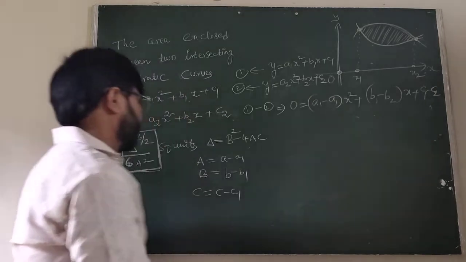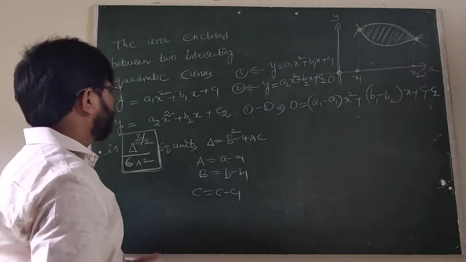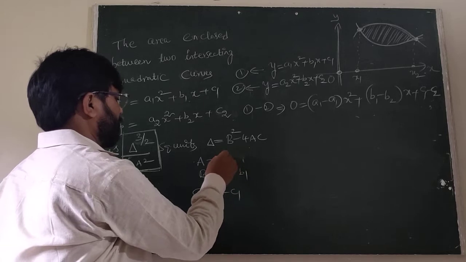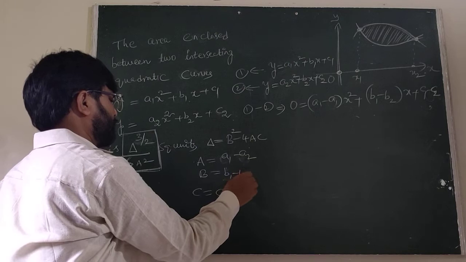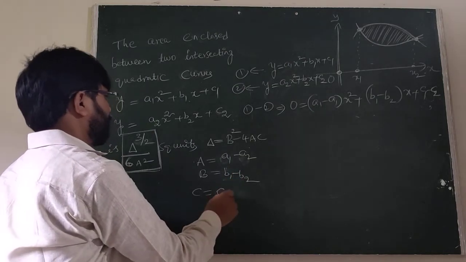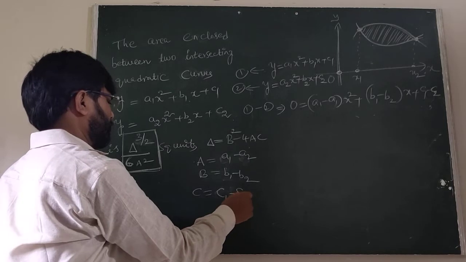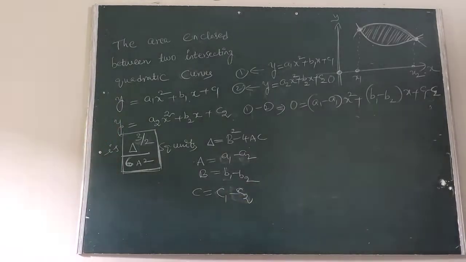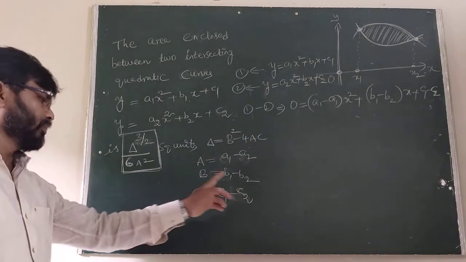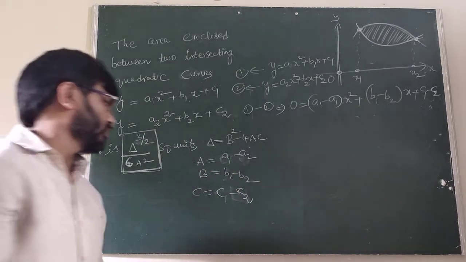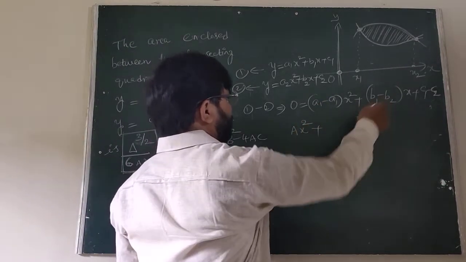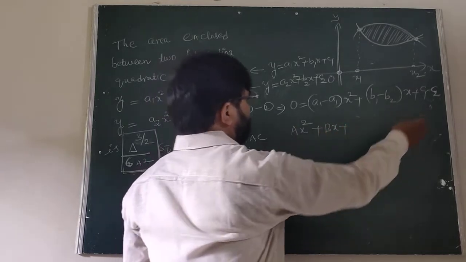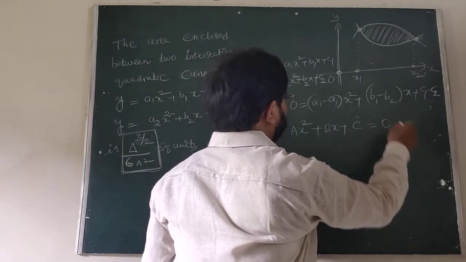In the question it is given that a1 minus a2 is a, b1 minus b2 is b, c1 minus c2 is c. Therefore this is ax square plus bx plus c equal to 0.